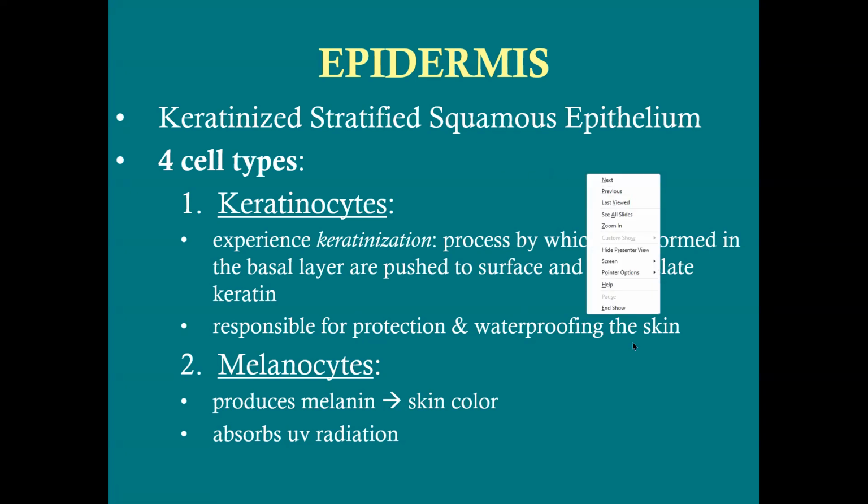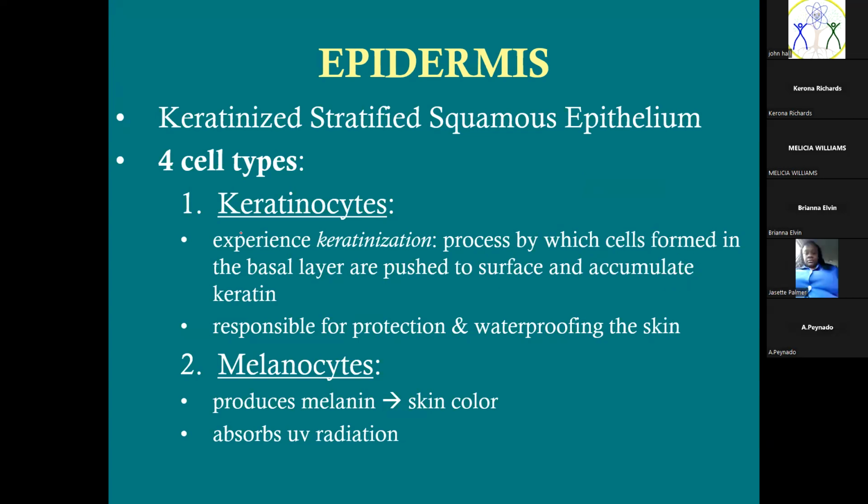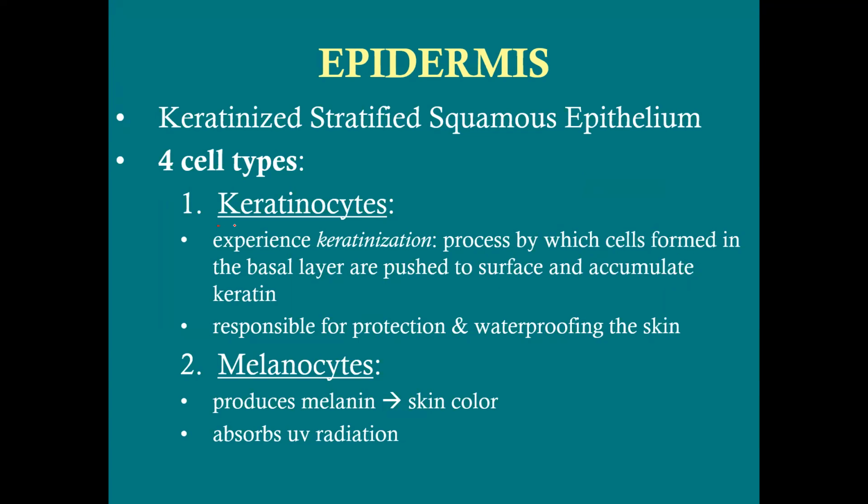Now, thankfully, the name of this cell tells you exactly what's in it. A keratinocyte is going to contain keratin, right? So keratinocytes, their main job is to accumulate keratin, right? And as they accumulate more and more keratin, they become waterproof.